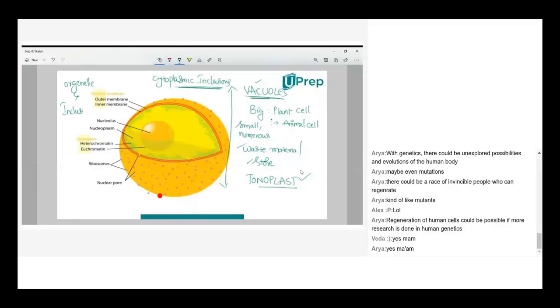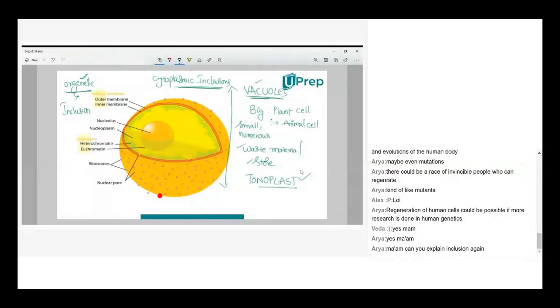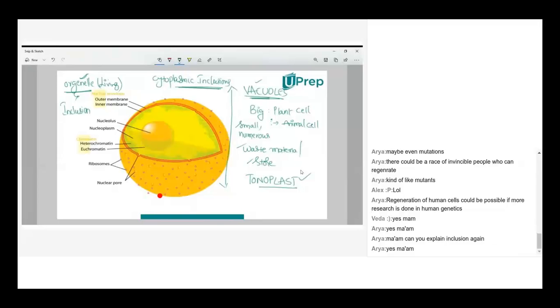Yes, cell organelles are the ones which are involved in different functional aspects. They are like the living entity of the cell. Organelles like mitochondria, chloroplast, endoplasmic reticulum, and all. Then inclusion.